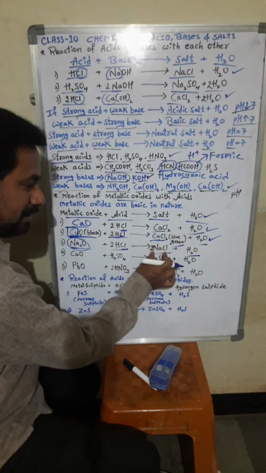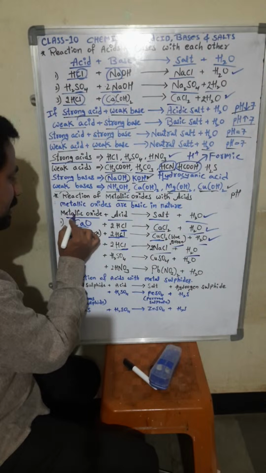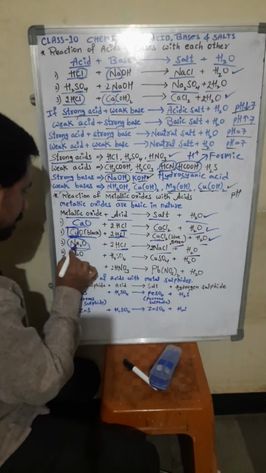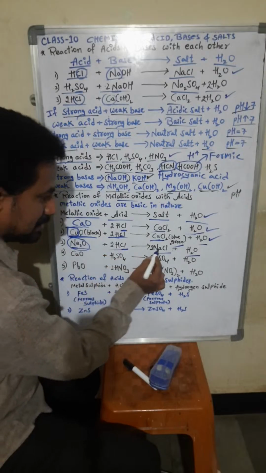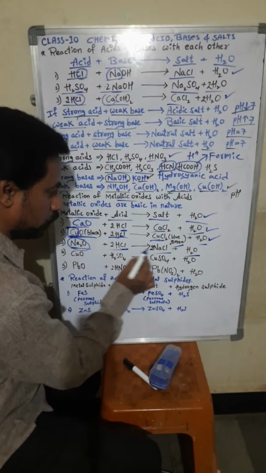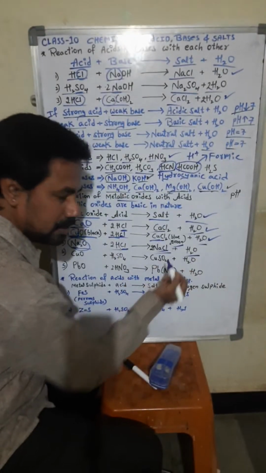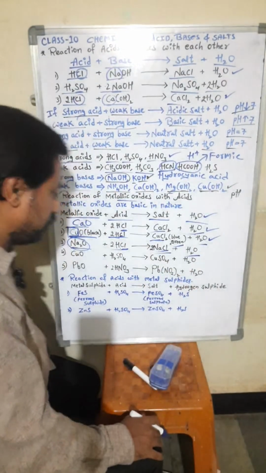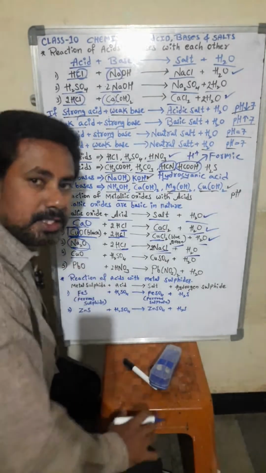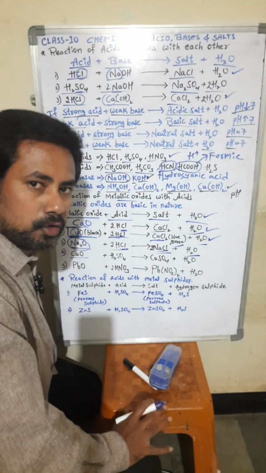Why is water forming? Because see here, metallic oxide plus acid, salt plus water. Sodium oxide plus hydrochloric acid, sodium chloride plus water. Fine. Next, CuO. Cu copper, O oxygen, copper oxide.